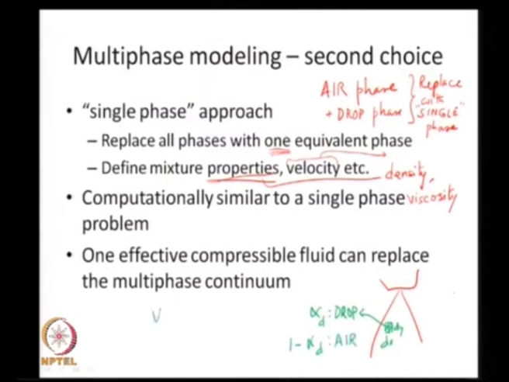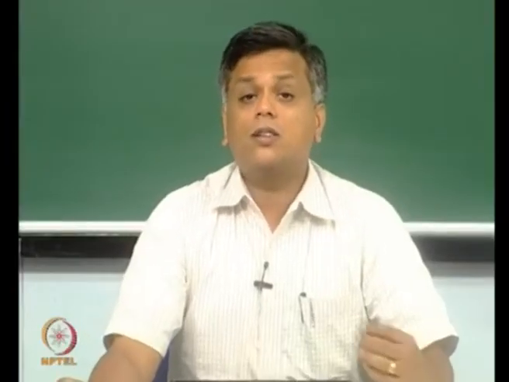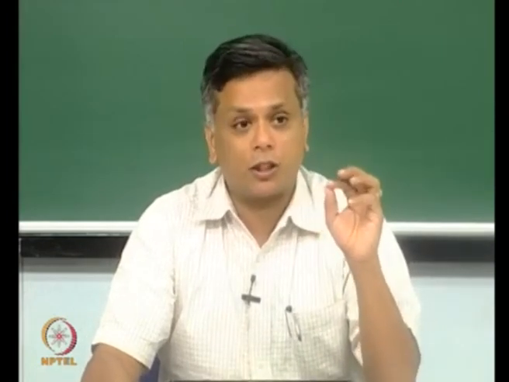So, alpha d is the volume fraction of the drop phase. This volume fraction now becomes our defining variable in terms of telling us how much of each of the phases is in any given spatial location.